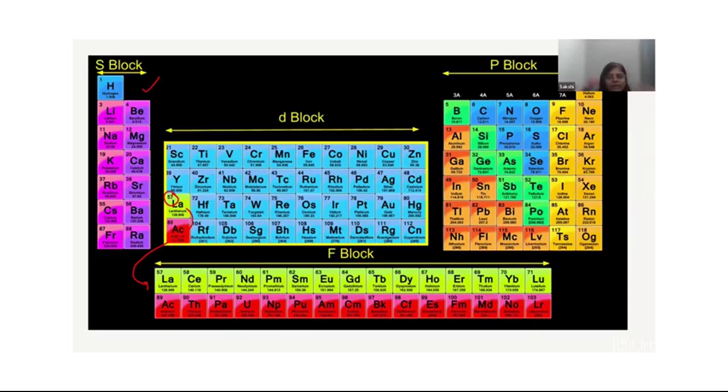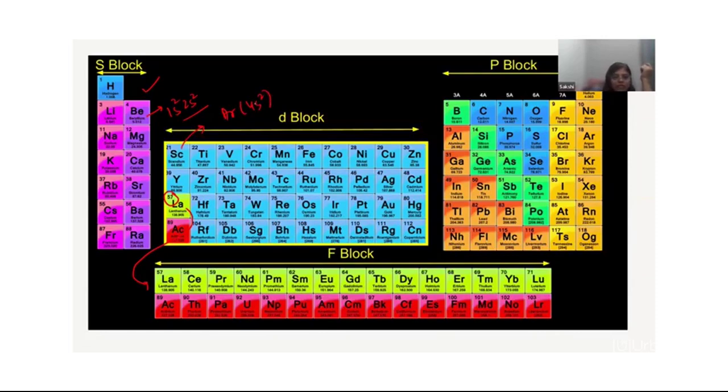Yes, they are divided based on the electronic configuration. I think in chapter 2, you have learned about electronic configuration. For example, the electronic configuration of beryllium is 1s2, 2s2. So all the elements whose last electron enters into the S subshell will be in the S block. And the elements whose last electron enters into the D subshell, for example, scandium is argon 4s2, 3d1.